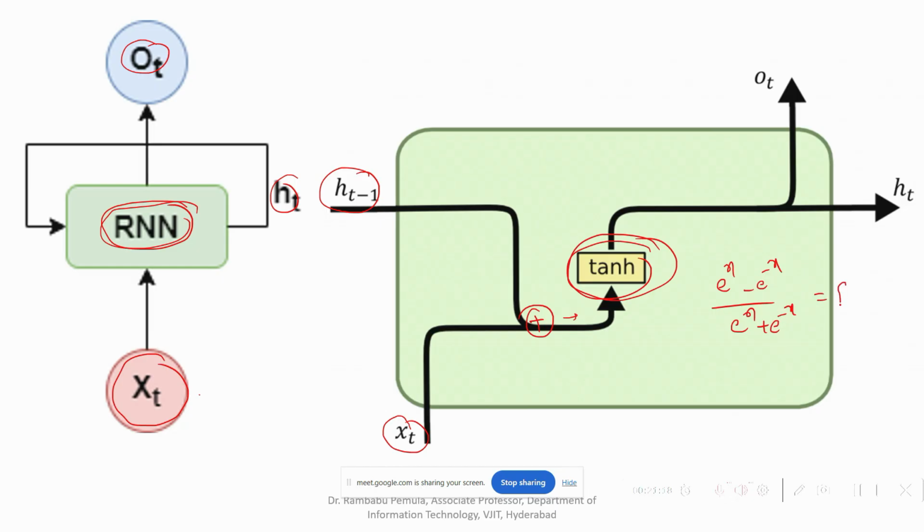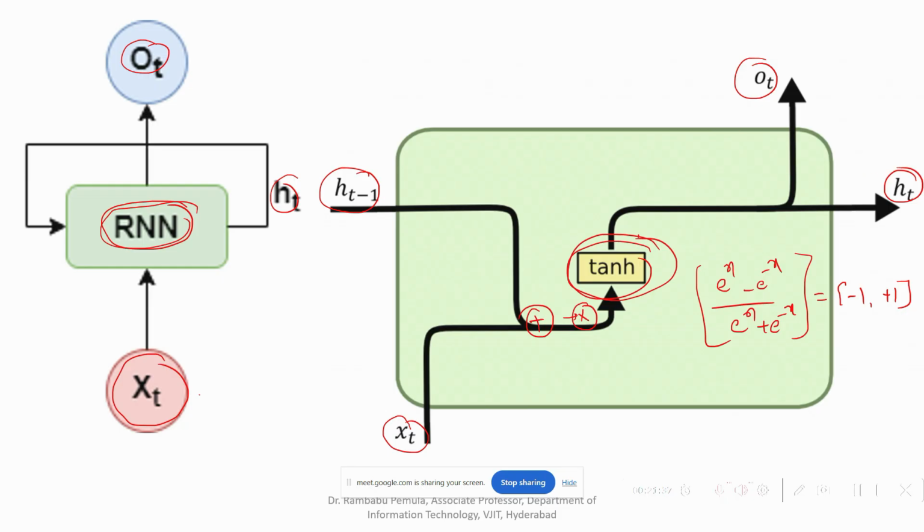That value lies between -1 and +1. Whatever value we generate, we get values between -1 and +1, and that value is given as the output, that is OT or HT.